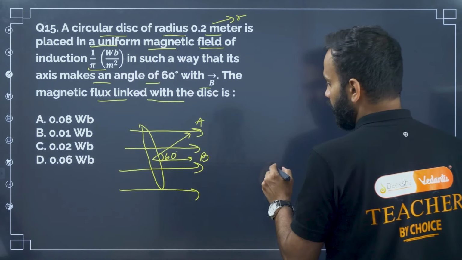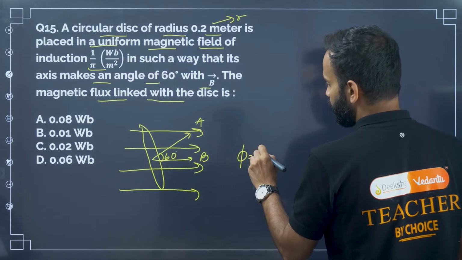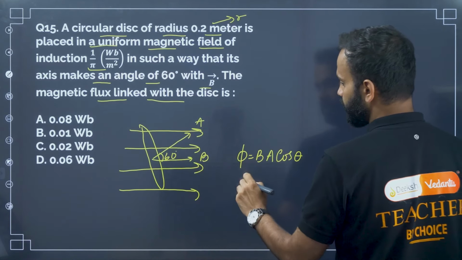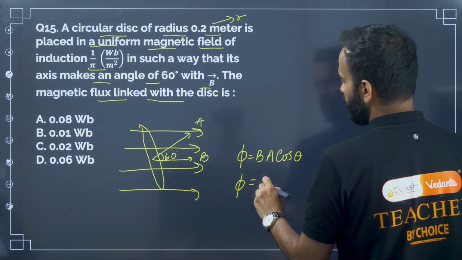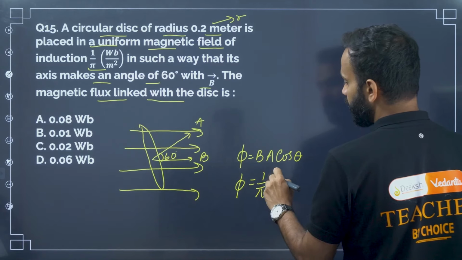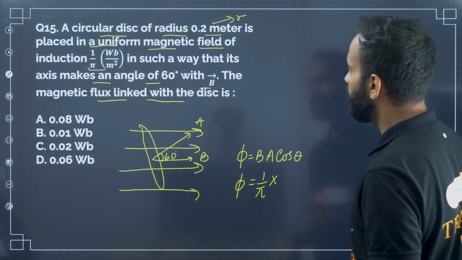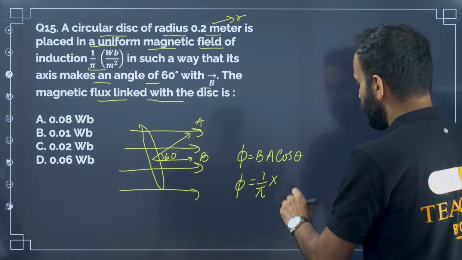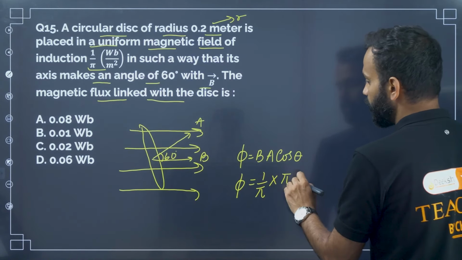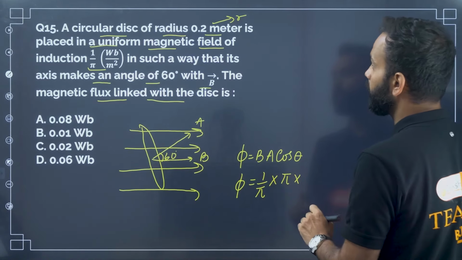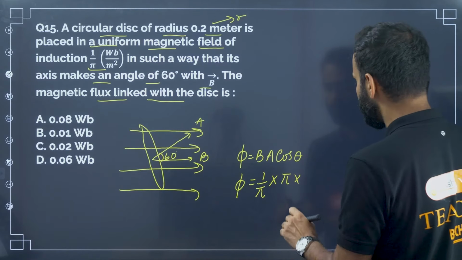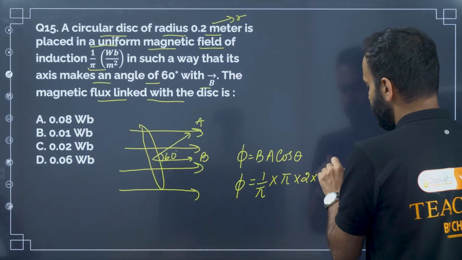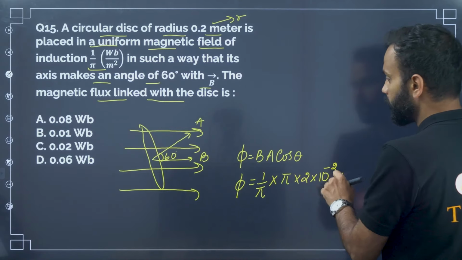So magnetic flux phi is equal to BA cos theta. Theta is the angle between B and A, that is 60 degree. So phi equal to B is 1 by pi into A. Here the radius of the disc is given, so the area of the disc will be pi into r square, that is 0.2 squared. 0.2 squared is 4 into 10 to the power minus 2, into cos theta.